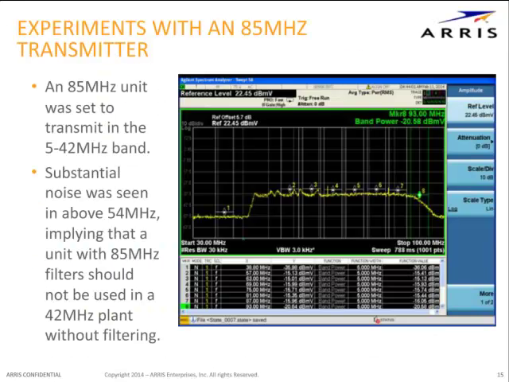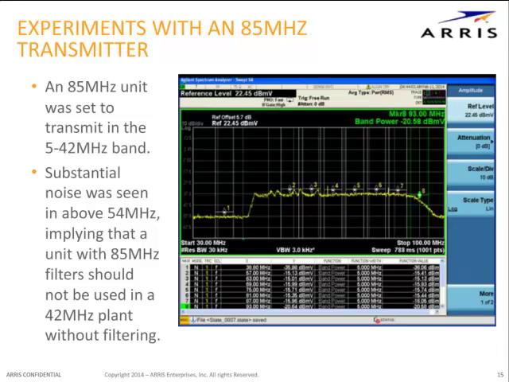There is one other issue that I want to mention, and in George's presentation he mentioned that a lot of folks may want to deploy 3.1 modems and still keep using them in the 5 to 42 band. This screenshot here shows an 85 megahertz unit that was transmitting in the 5 to 42 band. I'm sorry, it's such an eye chart, you probably can't really see the readings there.